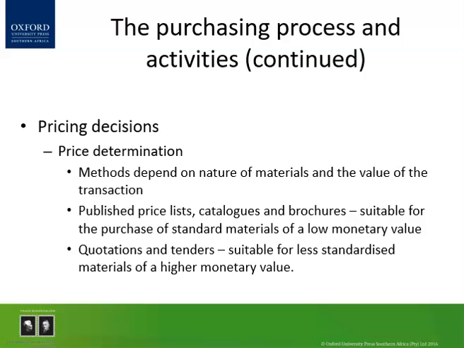Also, another important activity of the purchasing and supply function is that of price decisions or price determination, where they ought to decide on which prices they should accept and which prices they should not accept. There are different ways in which that can be done.